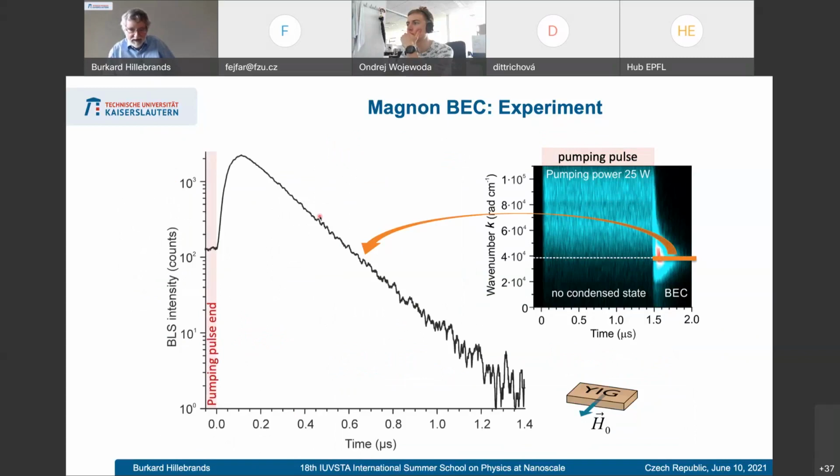There's actually a much nicer way how to do it, and that is to measure for a little bit longer. And then we switch off the pumping, and then we only have the magnon gas remaining. And what happens is that the magnon gas is then, after switching off the pumping, which is here, the magnon gas condenses here into a Bose-Einstein condensate.